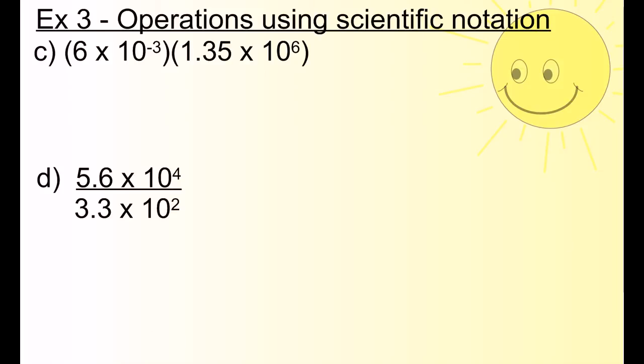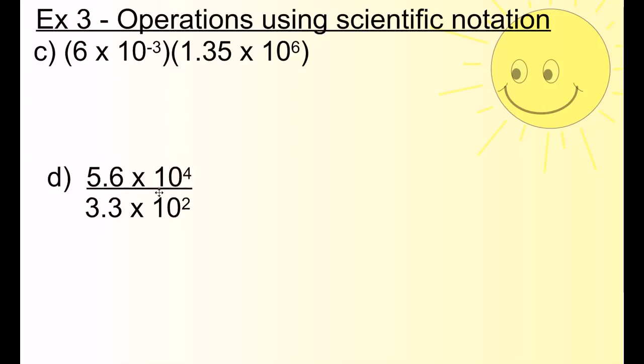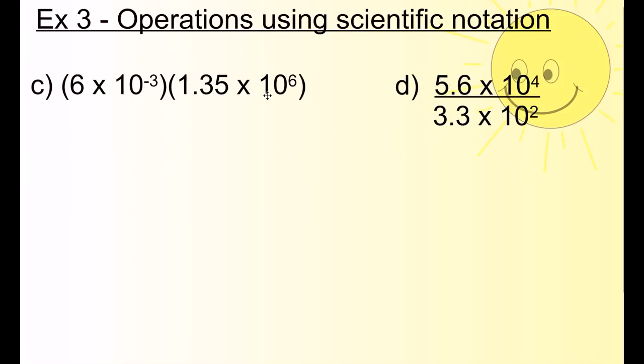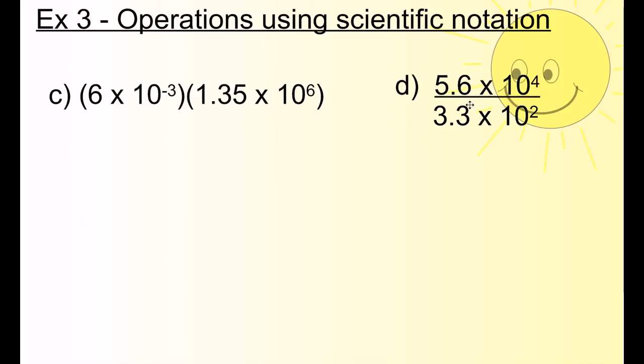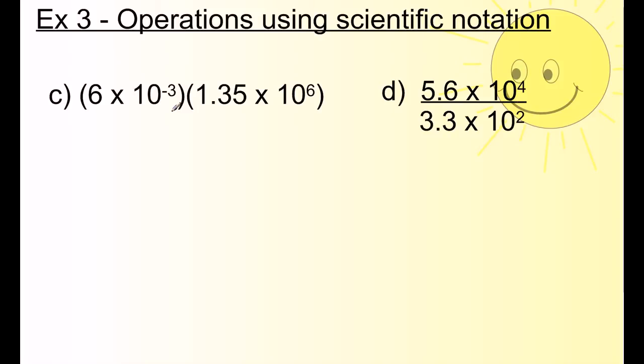So let's see here. My first number here, I'm going to do the same thing. This gives me a bit more space to work, I think. So here I'm going to, again, separate. So I'm going to take my 6 times my 1.35. So I'm moving my decimal terms together, times 10 to the negative 3rd, times 10 to the 6th.